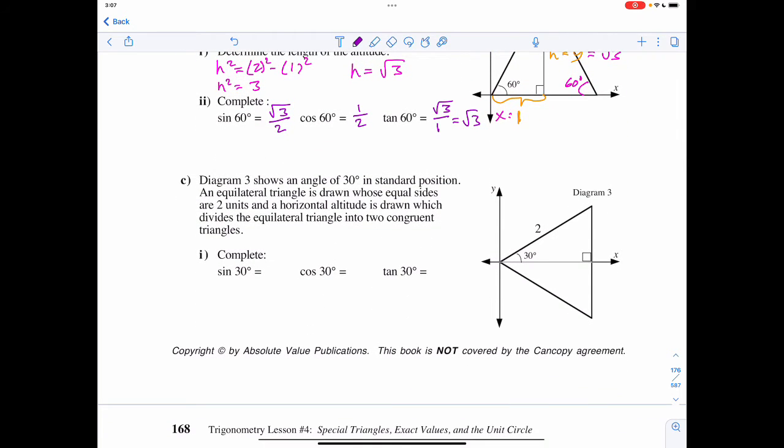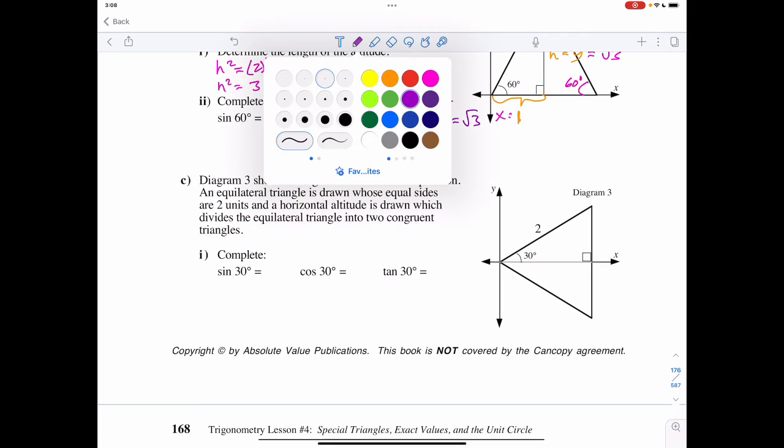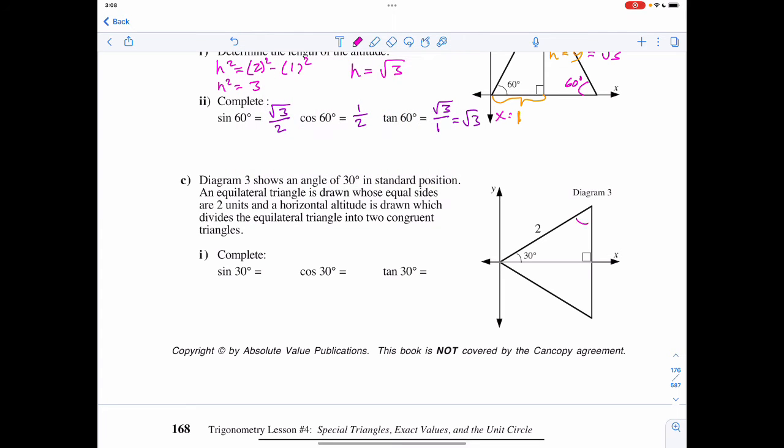If I take the same equilateral triangle and I rotate it on its side, then I'm going to have 60 degrees here, here, and here.